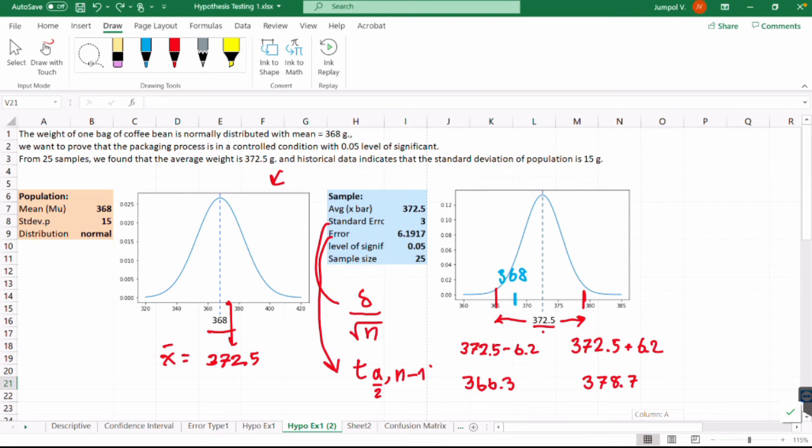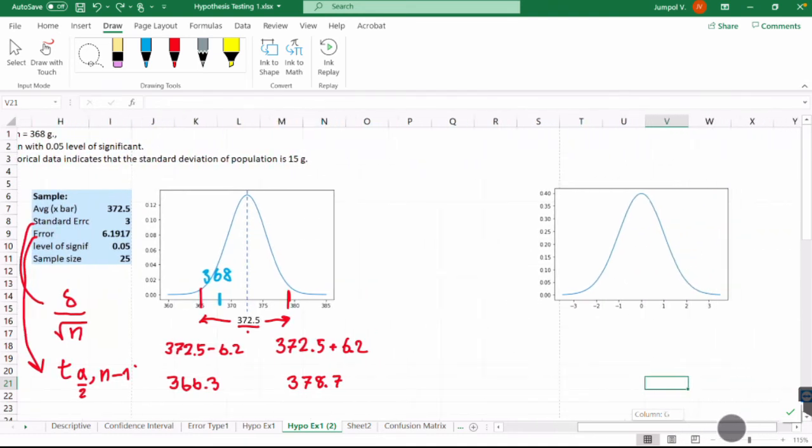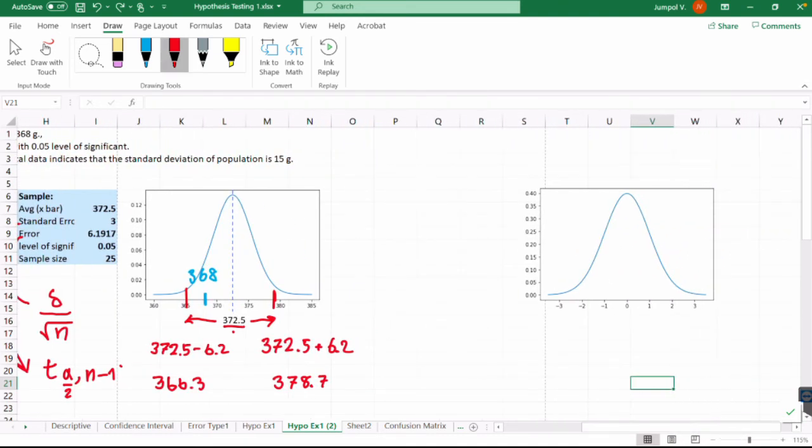So this distribution will be transformed into the standard normal distribution like this, and then we have to compute the test statistic. So the test statistic is z, right?